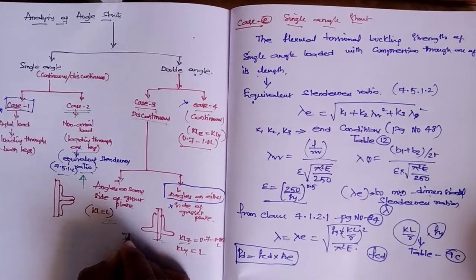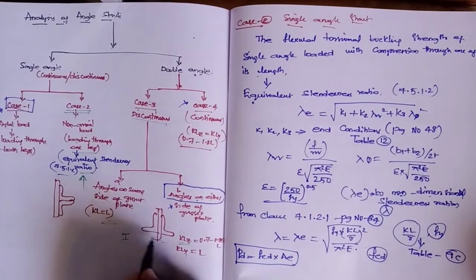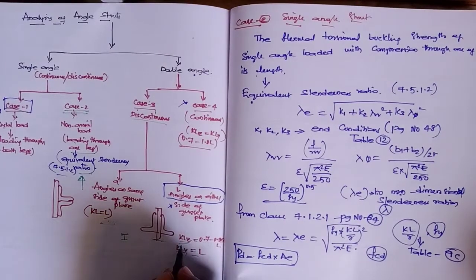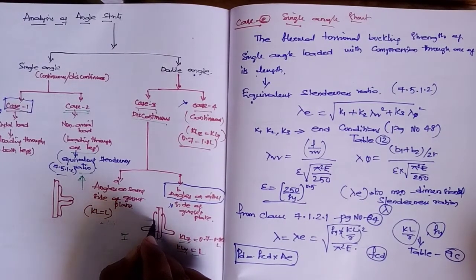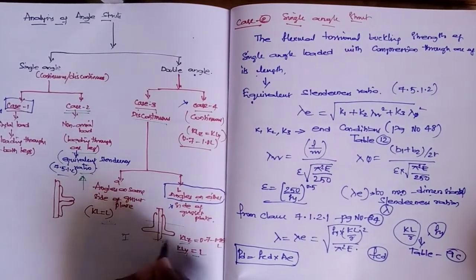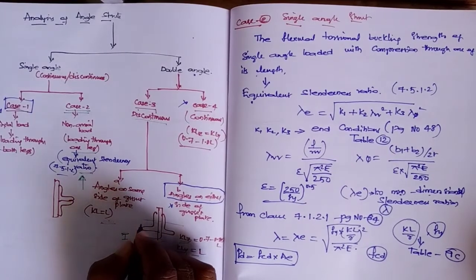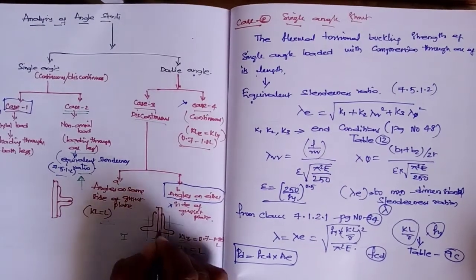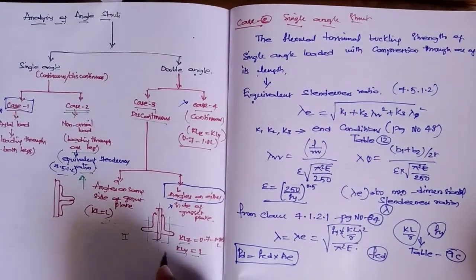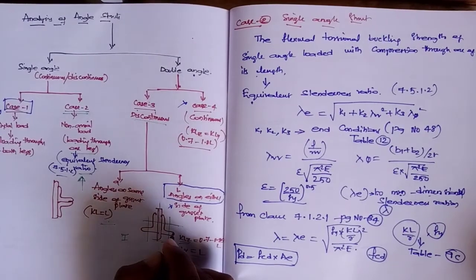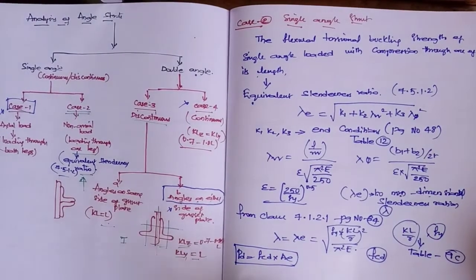This is a built up section, and see here, as I explained, the x-axis is for the single angle or the whole built up section, whereas the y-axis for this section is here, and this section is here, and the whole section is here. So that is the reason we calculate moment of inertia differently, whereas for the x-axis we take as usual from the steel table.